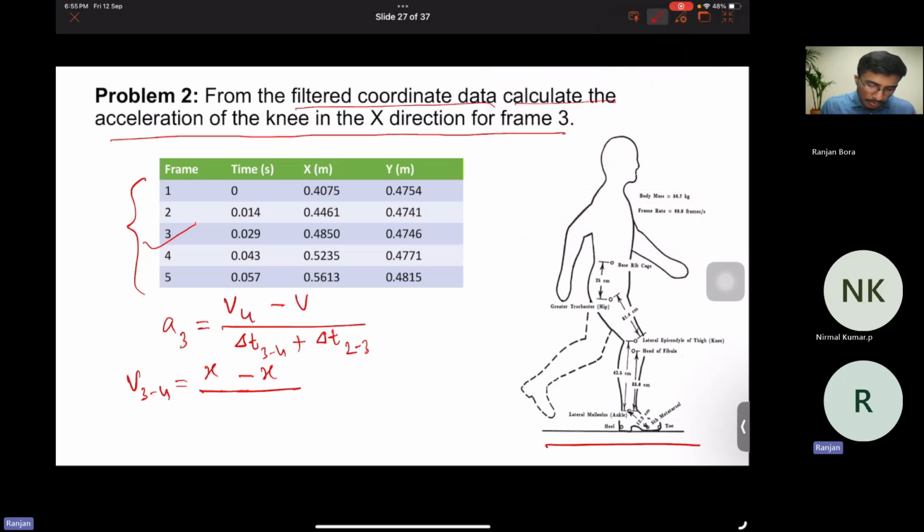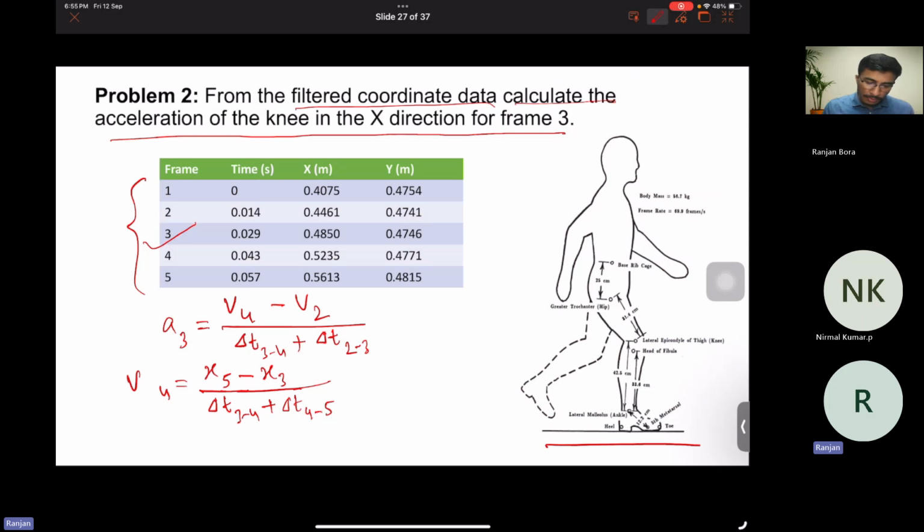So this is 4 minus 2. Now V4 is x5 minus x3, divided by delta t for 3 to 4 plus delta t for 4 to 5.